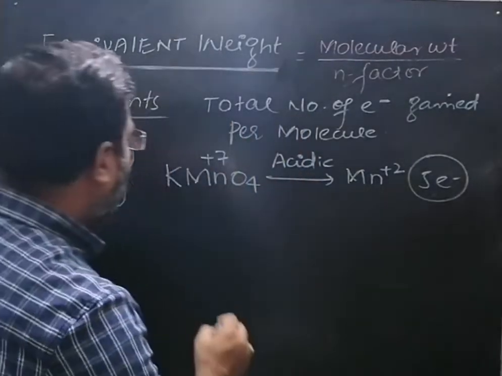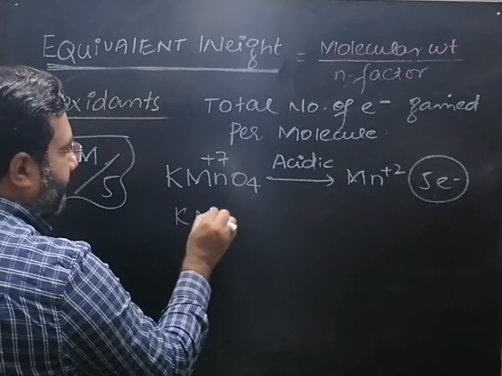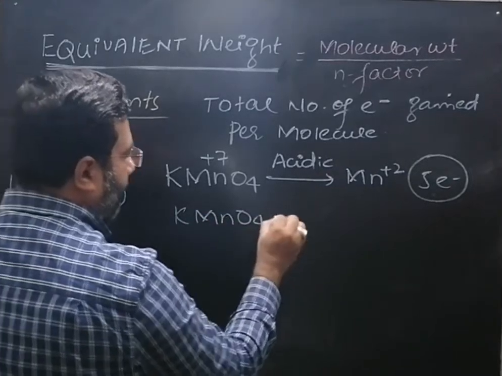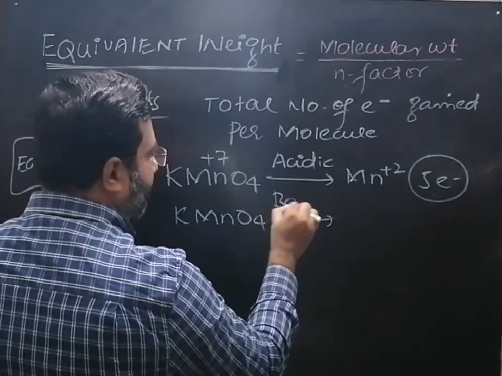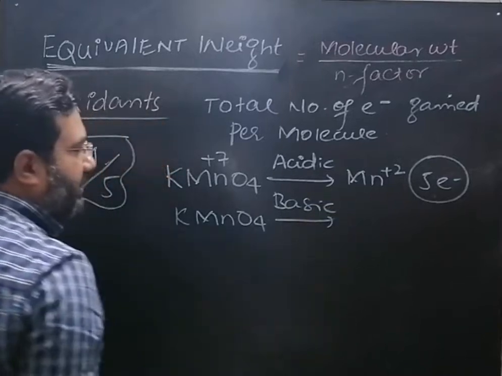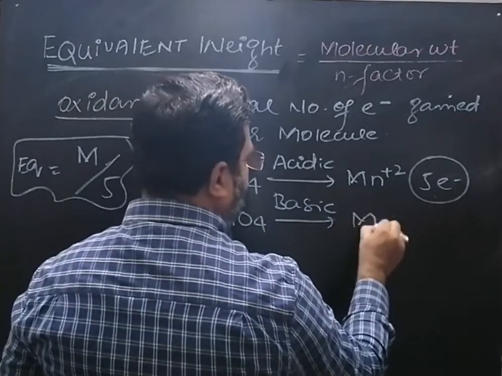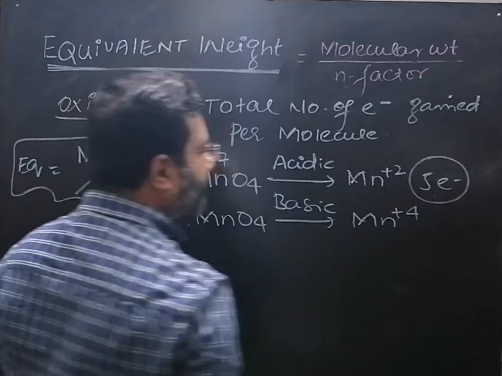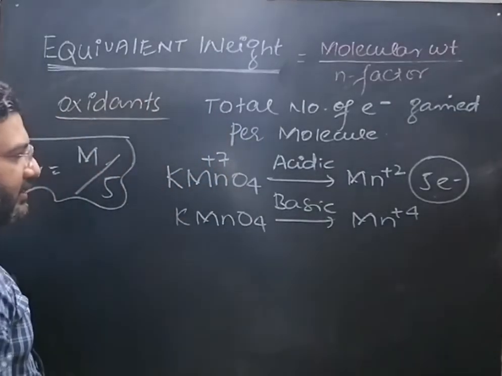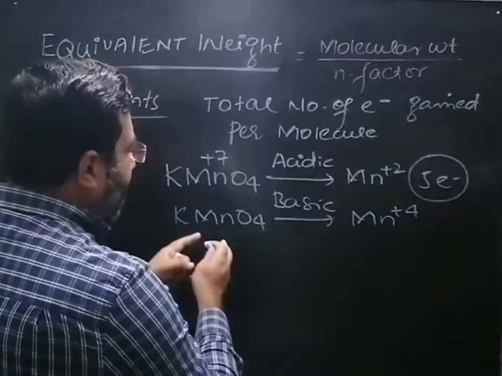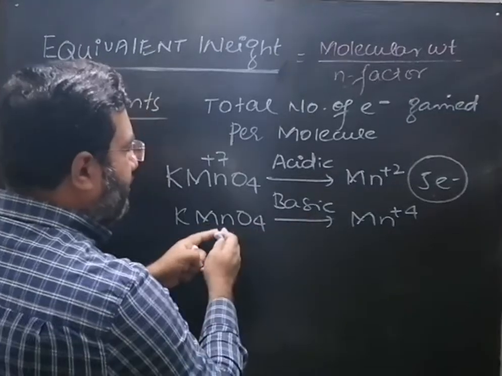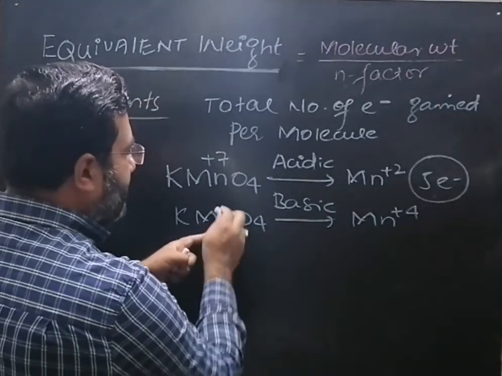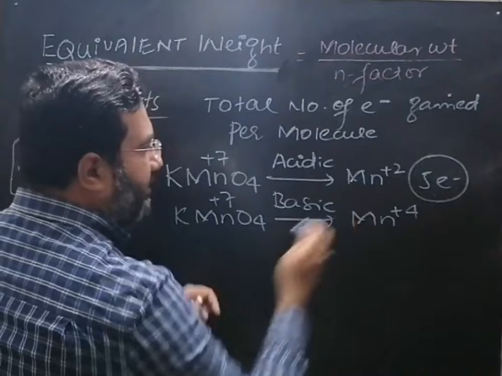And if the KMnO4 is being used in the basic medium, then it changes to Mn plus 4. When KMnO4 in the basic medium is used as an oxidizing agent, the oxidation state of manganese changes from plus 7 to plus 4.